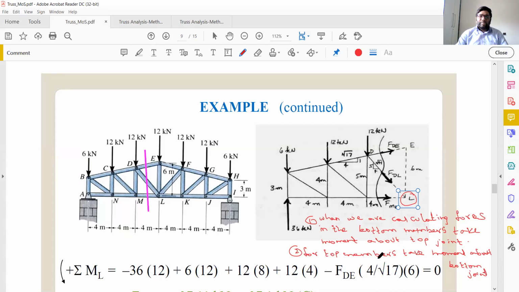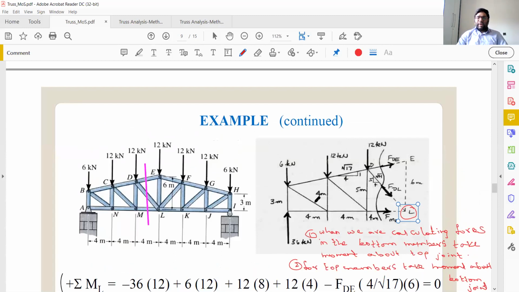Okay. This is what we need. So when we are trying to understand that specific part, then it becomes very easy for us to calculate.